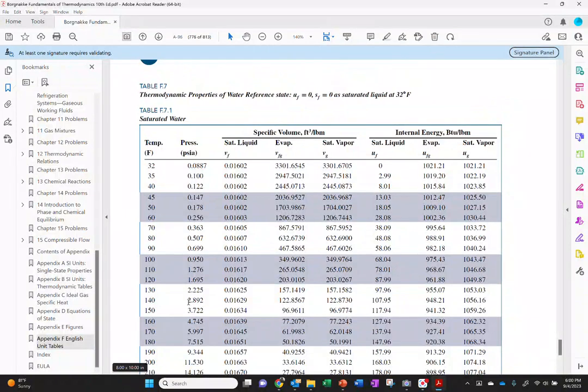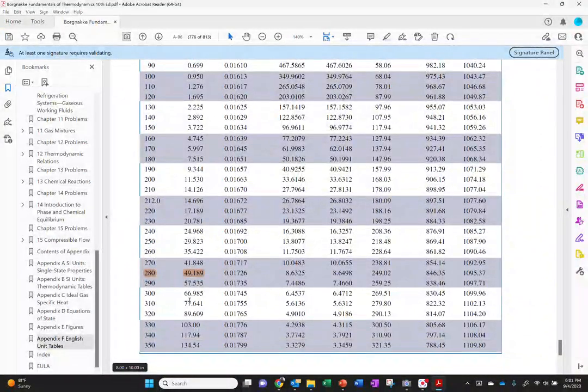This is table F.7.1, and if we really cared, we could interpolate. P is equal to 49.189 psia. The temperature is 280 degrees Fahrenheit.